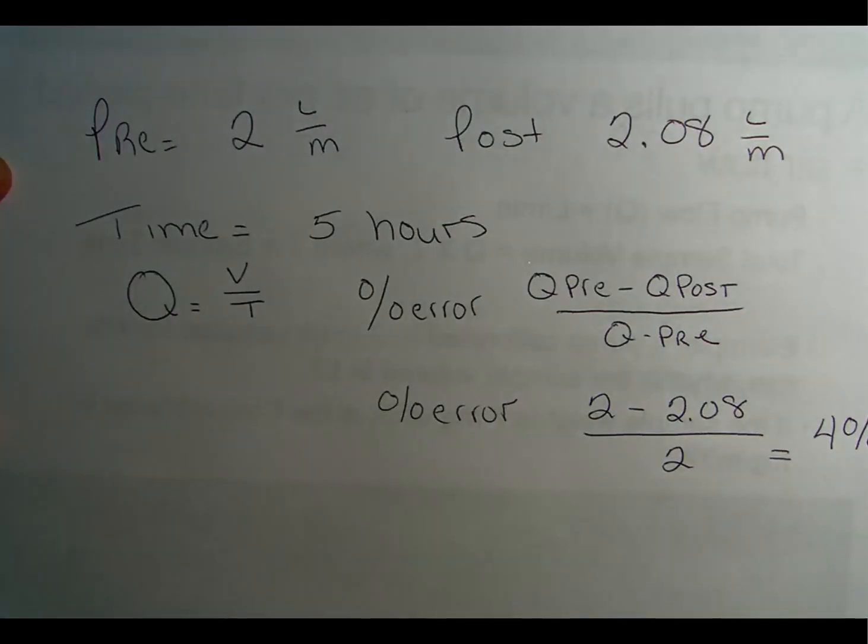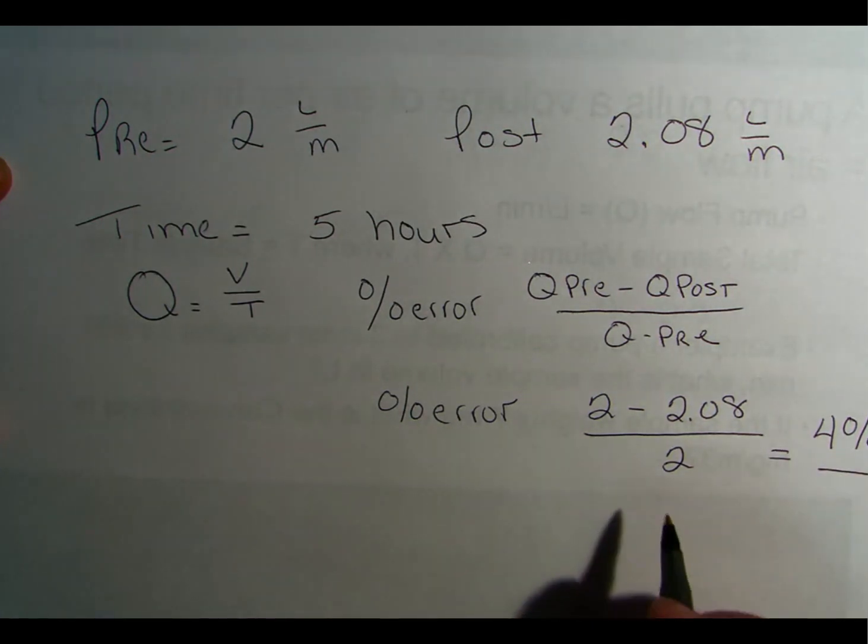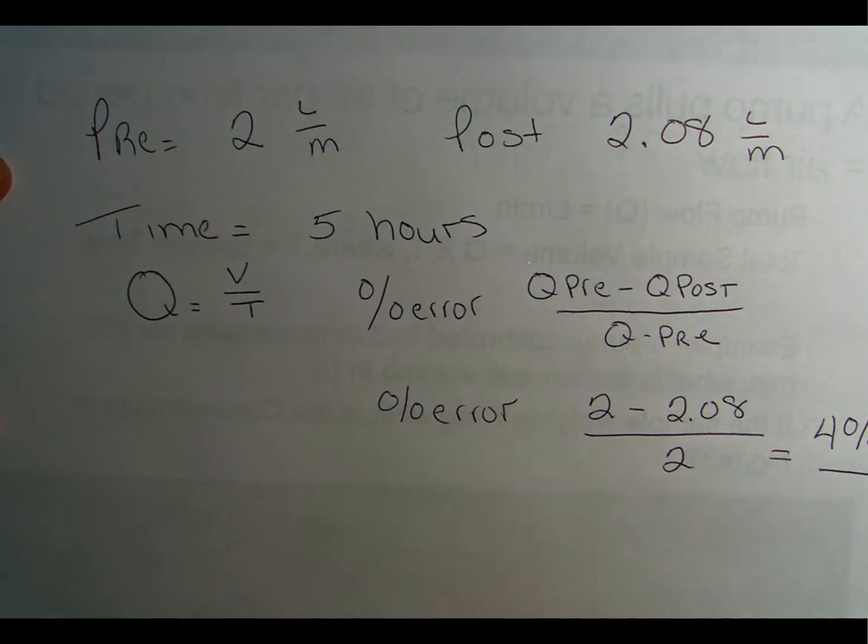I have a 4% error. Because I have a 4% error, I can use the average flow rate to now calculate my sample volume.